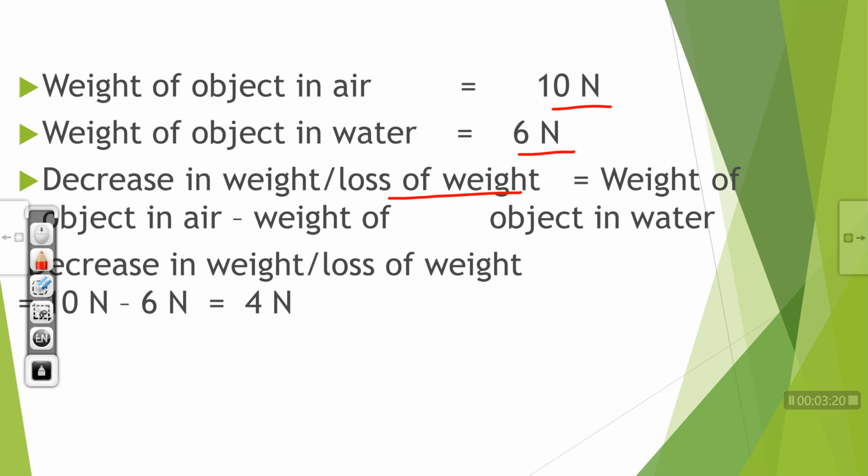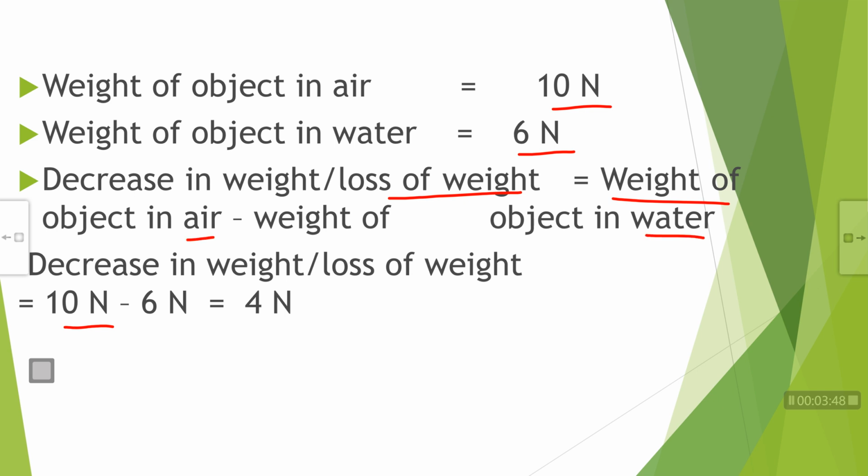So, the decrease in weight or loss of weight will be equal to weight of object in air minus weight of object in water. So, what is the weight of object in air? It is 10 Newton. So, the decrease in weight will be equal to weight of the object in air minus weight of the object in water.